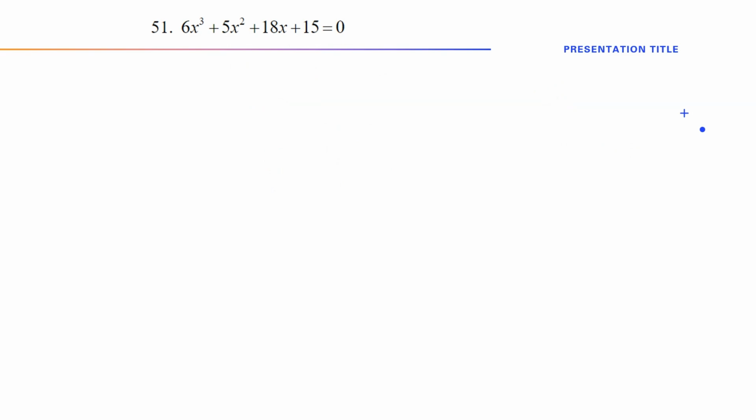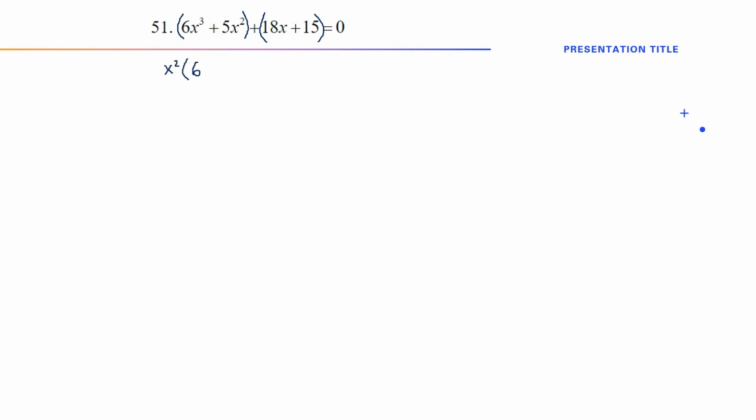So we can use the grouping method to solve these questions. I would like to group the first two terms together and the last two together. In the first group, we have x squared in common.